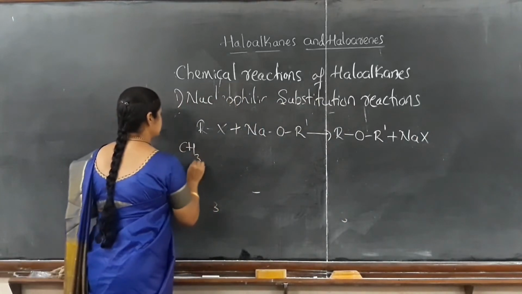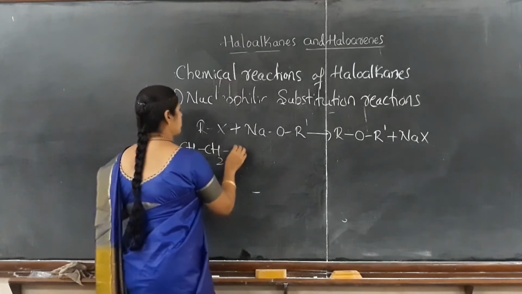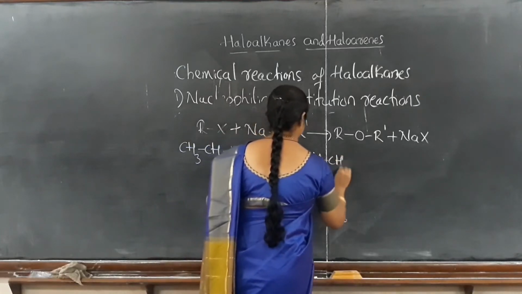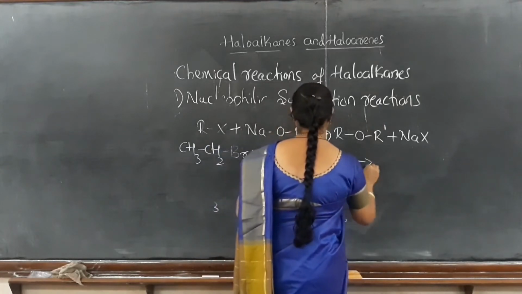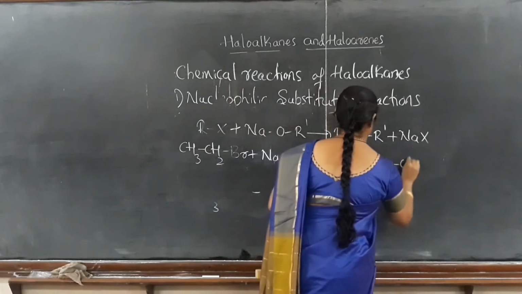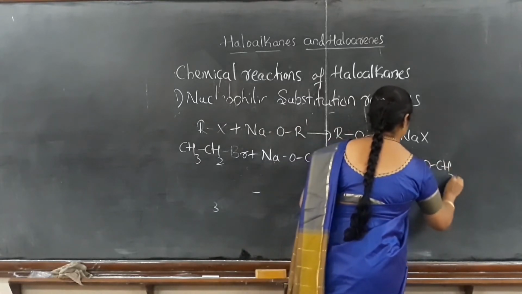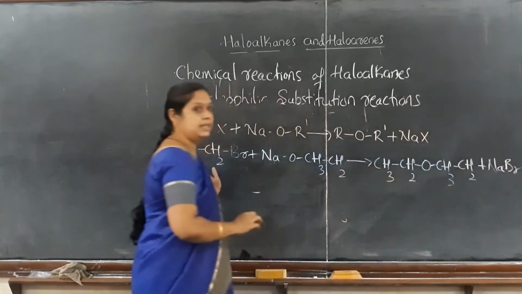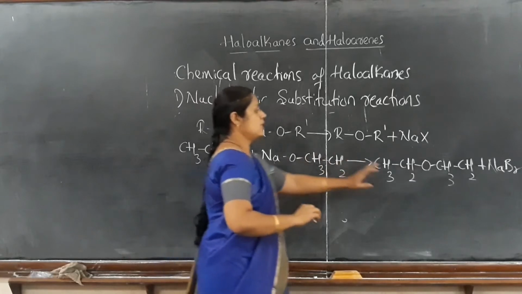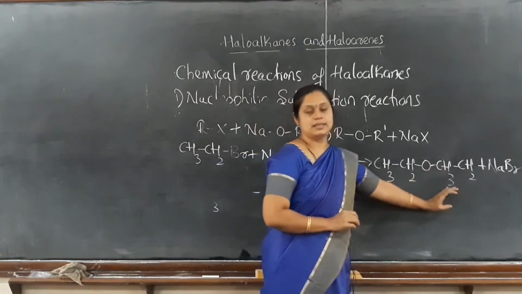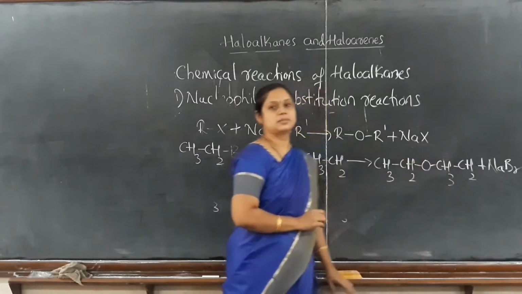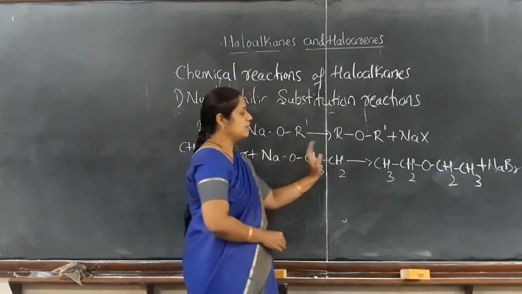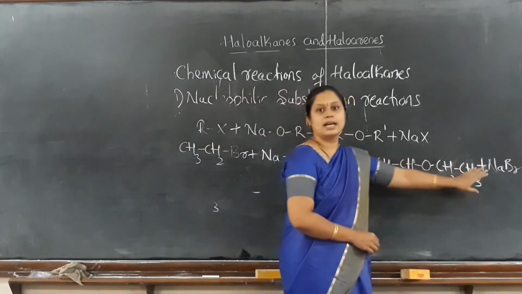For example, when I treat ethyl bromide with sodium ethoxide, we get an ether, diethyl ether, and NaBr. So it is called Williamson's synthesis.